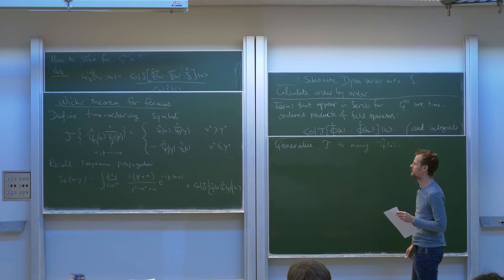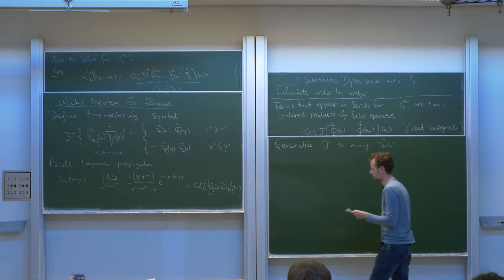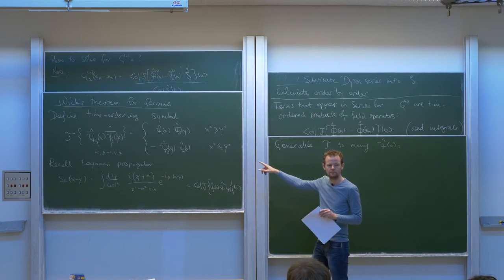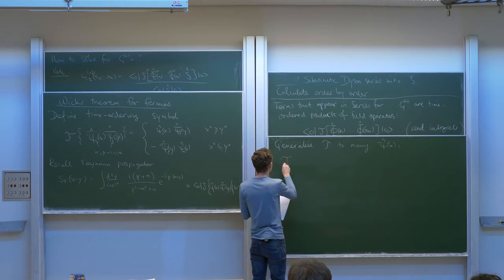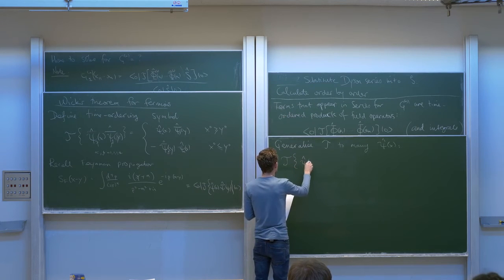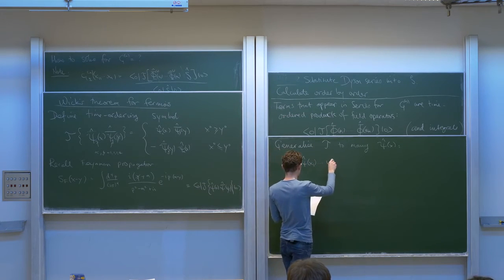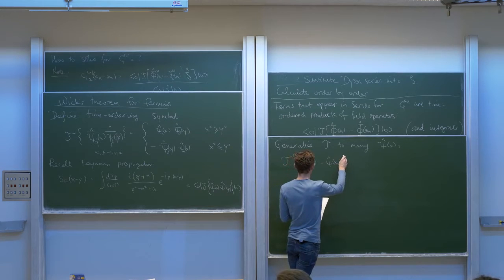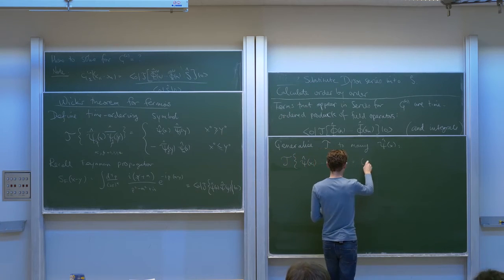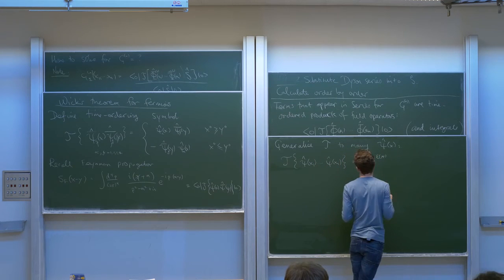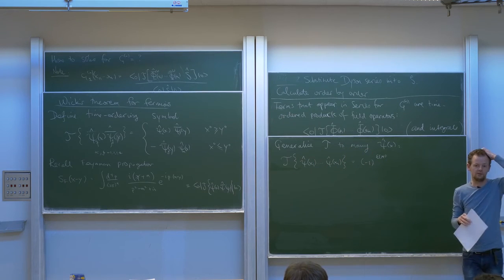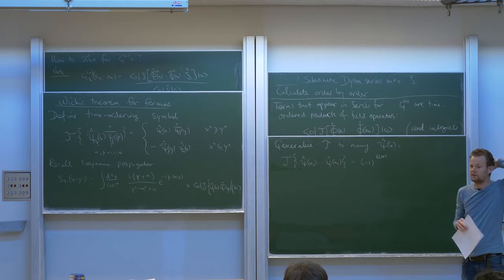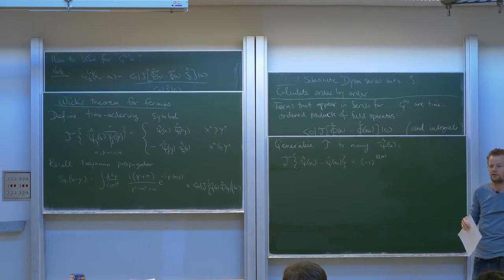Before I present that, I better generalize the time ordering symbol to multiple field operators, which is not entirely obvious. What you do is you put the operators in time order, and then you pick up a minus sign depending on the permutation you needed to do to put them in time order.